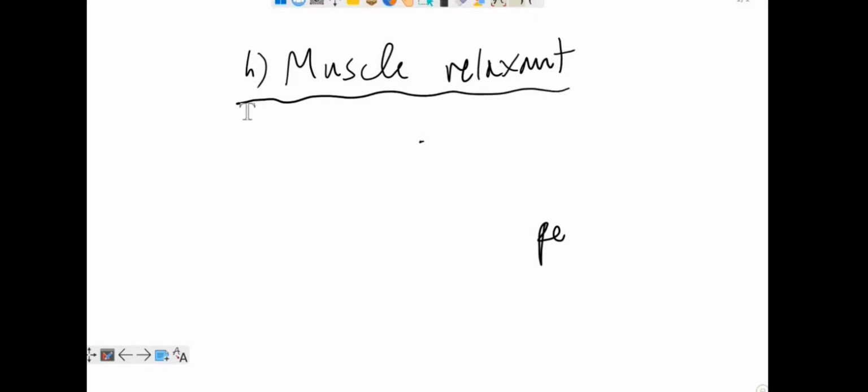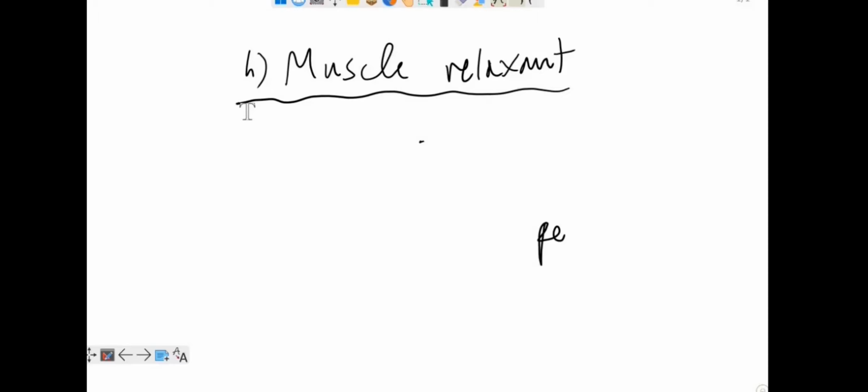All these are pharmacological action and clinical application, of course. Muscle relaxant effect. They can induce skeletal muscle relaxation. They do that by inhibiting the polysynaptic reflexes in the spinal cord.